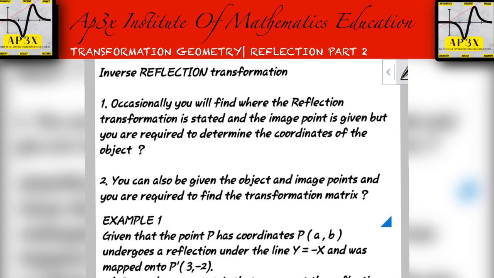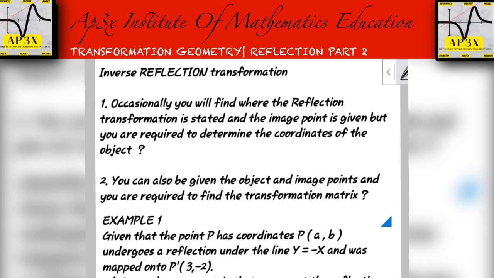It's not a routine question, but it is a question that you definitely need to have a basic understanding of, and it's what is called inverse reflection. Inverse reflection is basically where we are trying to determine either the mirror line that reflected the object onto the image, or we are trying to attain where the object was.